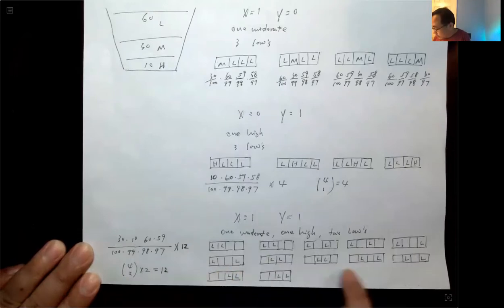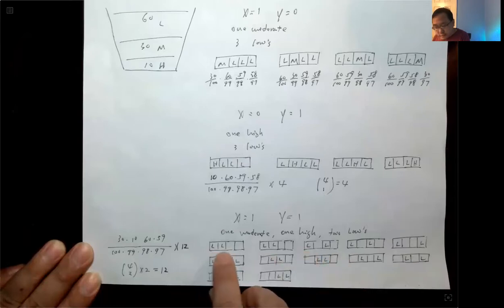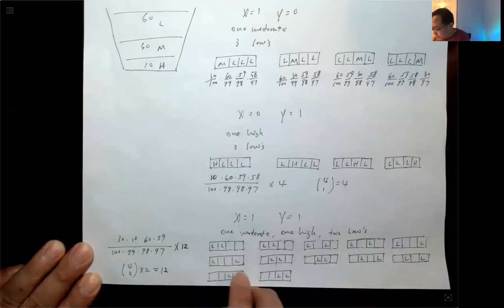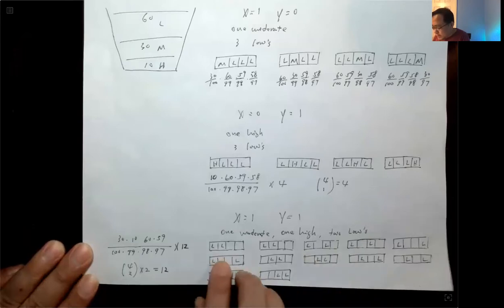If you draw the picture here, what I need to do is to list LL, low, low. There are no others of LL, right? So I only need to show how these low balls distribute over here.